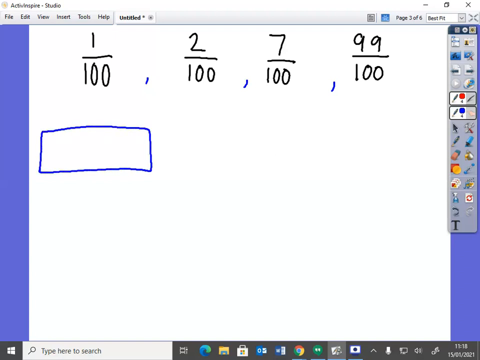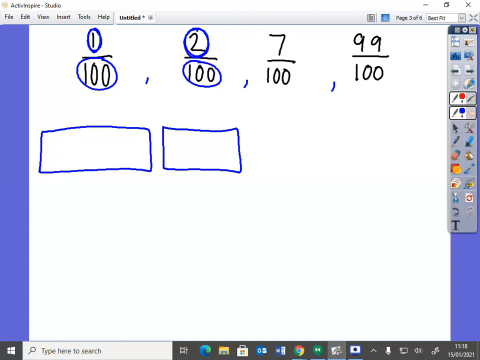I've split it into 100 equal parts, which I'm not going to be able to draw on the board, and I'm just shading in one of them. If I had the same block again, I could split it into 100 equal parts and then take 2 of them. Can you see how taking 2/100ths is more than taking 1/100th?